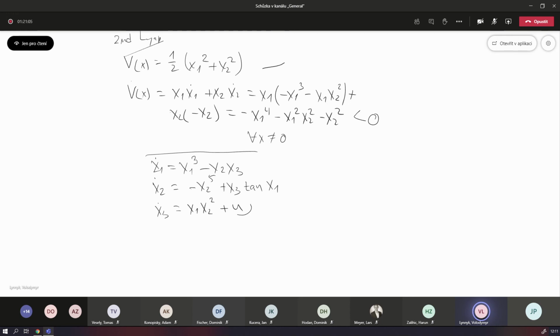Let's use V of x equal to one half, this classical Lyapunov function, x1 squared plus x2 squared plus x3 squared.